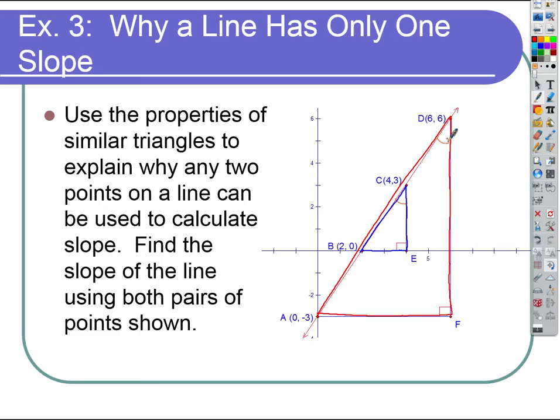So we know that they're similar triangles. Our goal here is to show that the slope is the same regardless of which 2 points you use to calculate. So for example, we should get the same slope by using points B and C or by using points A and D. True, right?